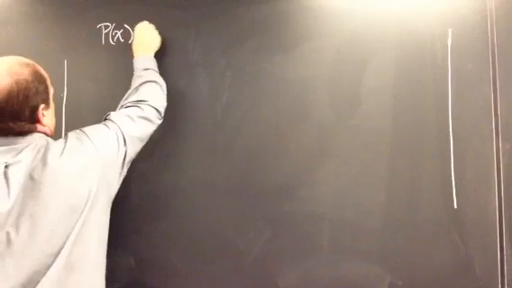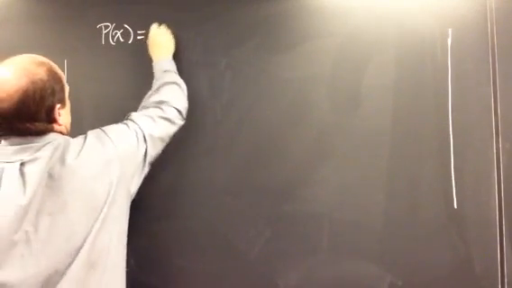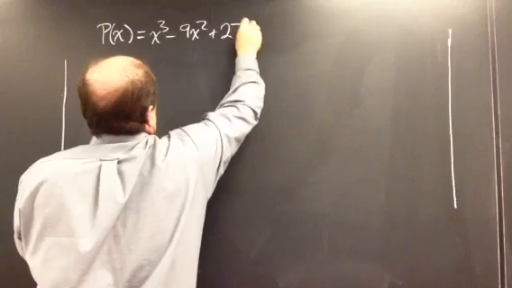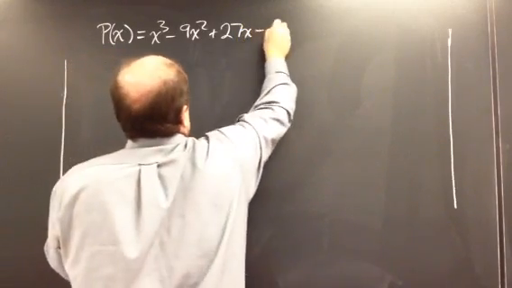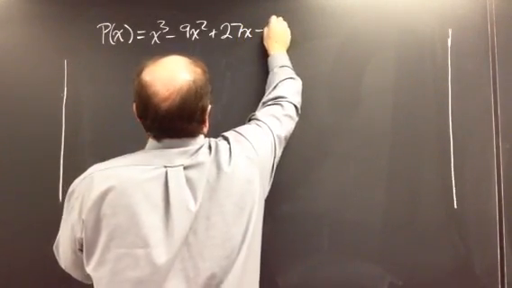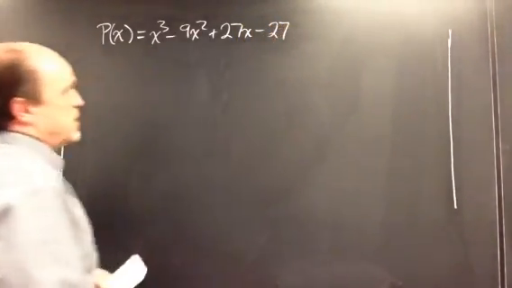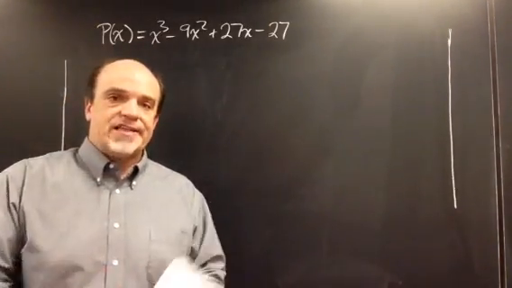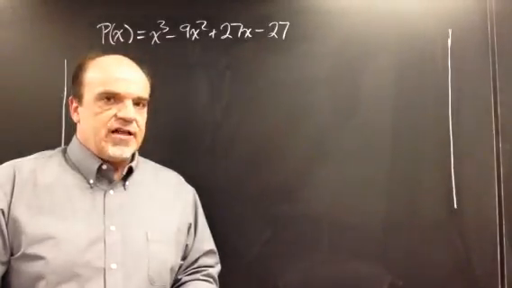The example we'll go with here to begin is, let's look at a polynomial of third degree. So x cubed minus 9x squared plus 27x minus 27. That looks pretty complicated, and in that form, there's not a lot we can tell about it.